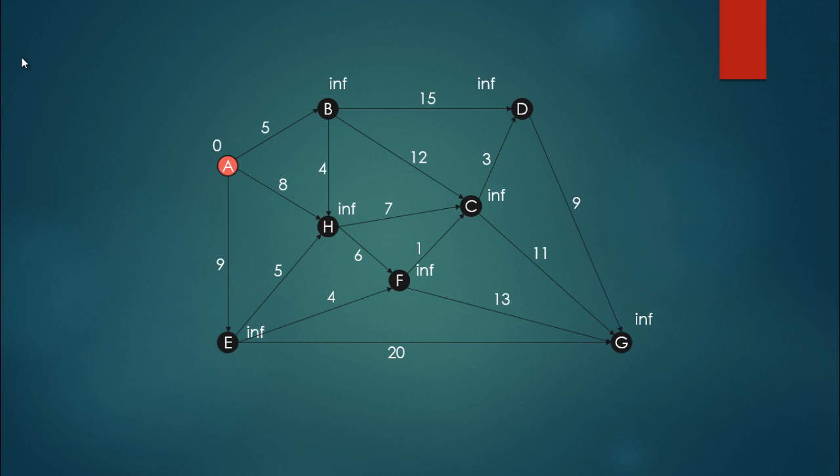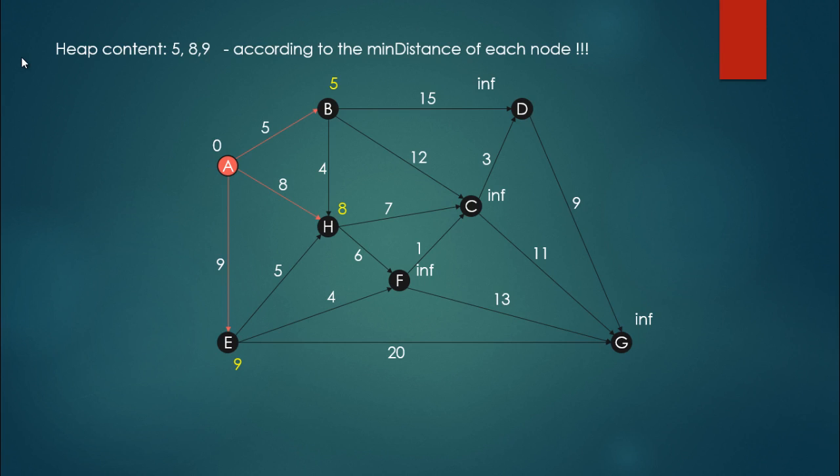So we have to select a start vertex, and it's going to be A. Dijkstra's algorithm works as follows. We are going to visit all of its neighbors, and we are going to maintain a heap and store the minimum distances on this heap according to the min distance of each node.